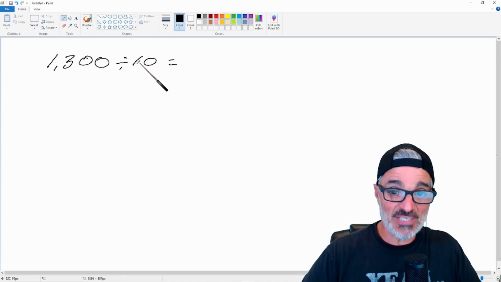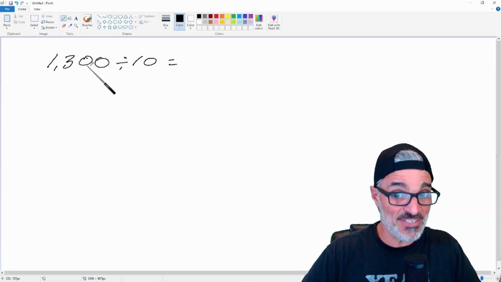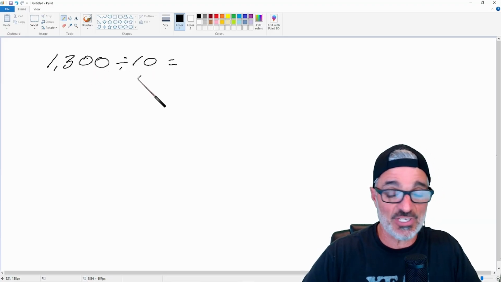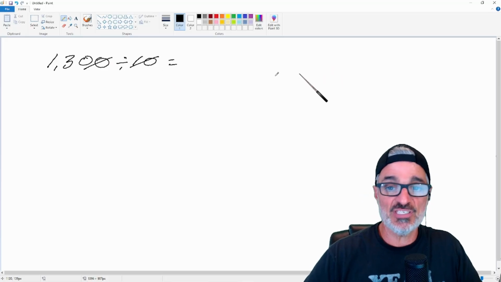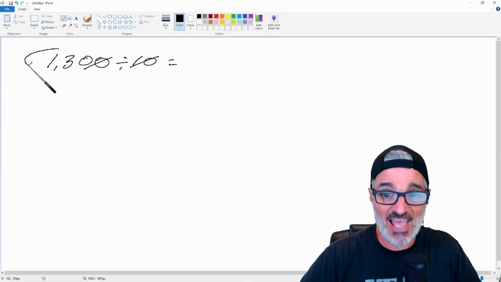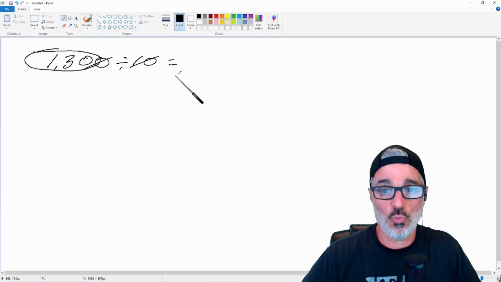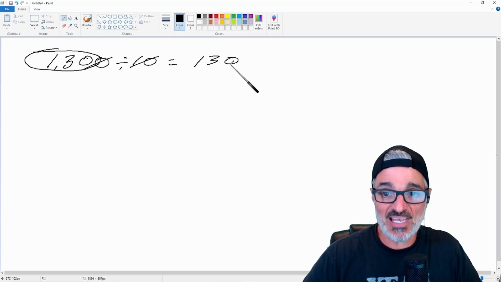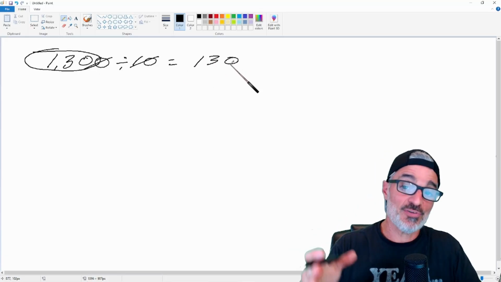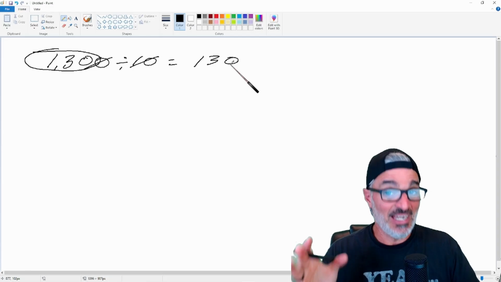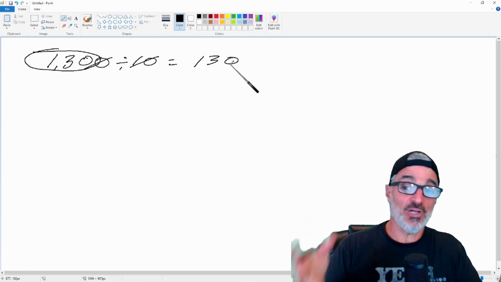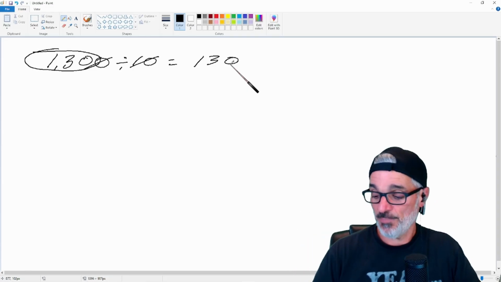Because this is a power of 10, and this number has zeros, all we needed to do was eliminate one of these zeros, and then the answer would be right here, 130. So if I was splitting 1,300 pieces of candy in equal parts between 10 people, each one of them would get 130 pieces of candy.